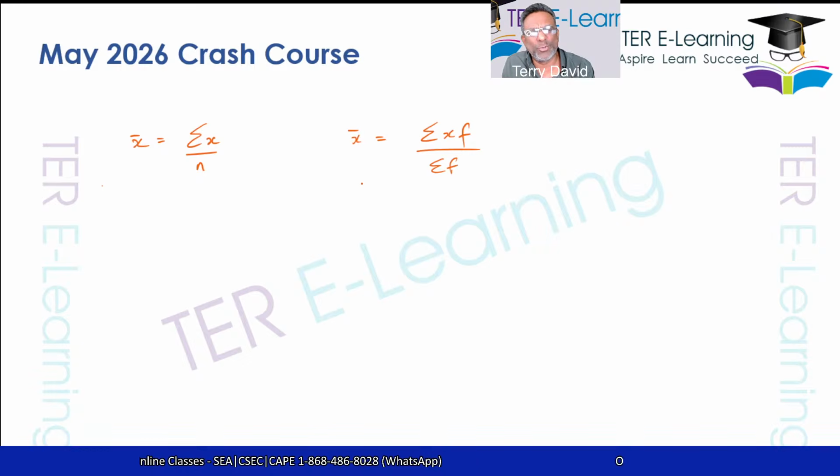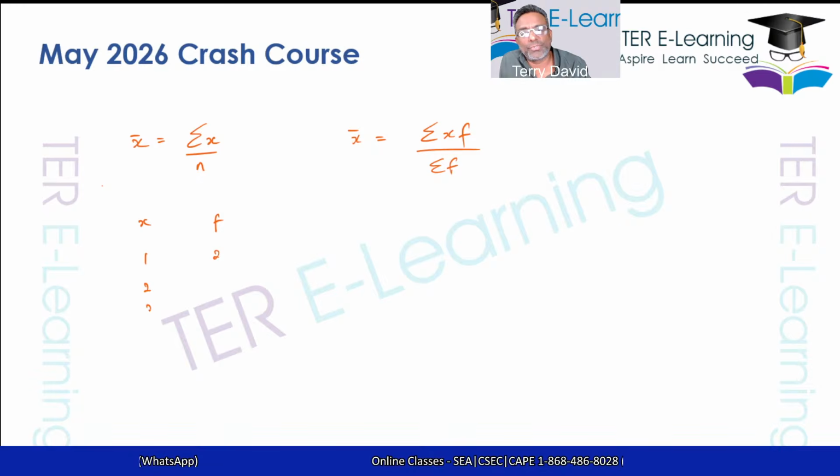And when I say group data, the data is in a table. For example, let's say we had some variable and a frequency, and the variable values are 1, 2, 3, 4, 5. Let's say students passing subjects in a class, and I have frequencies 1, 4, 6, 4, 2, and so on.